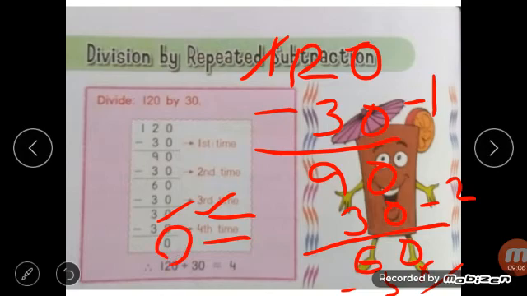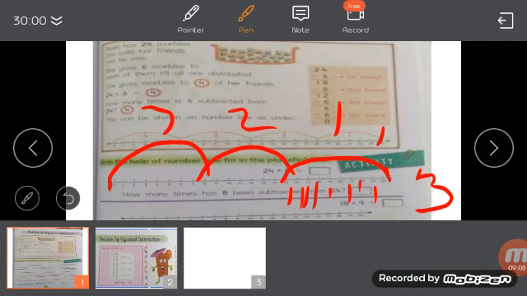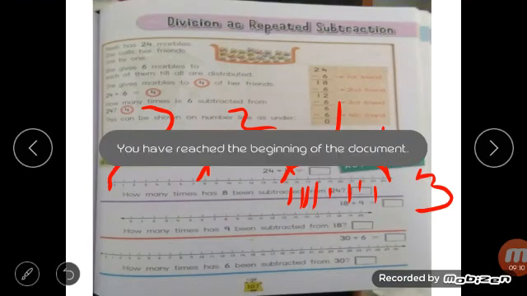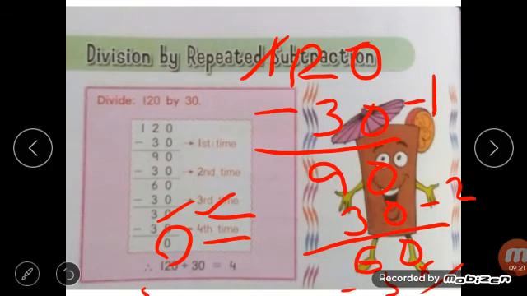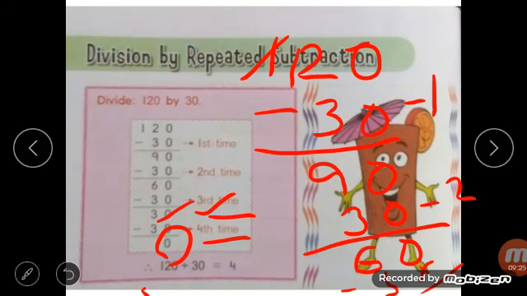That's why these 3 dots are written here. These 3 dots, children, mean therefore. Therefore means isliye. Therefore 120 divided by 30 equals 4, because you had taken 4 times.